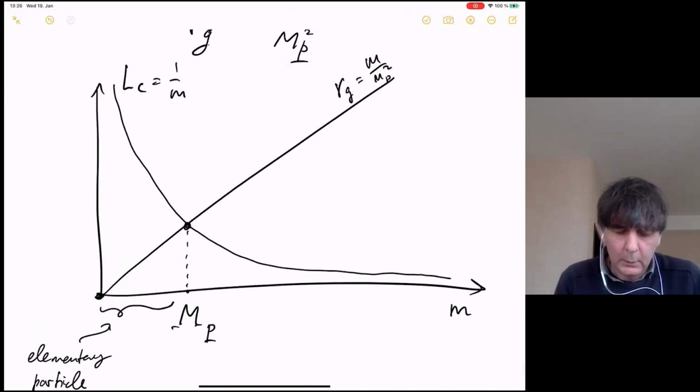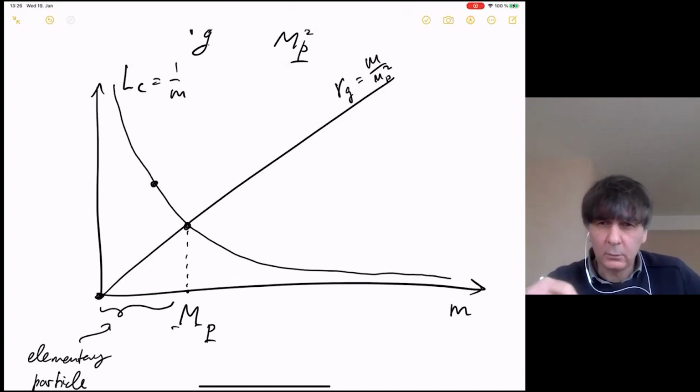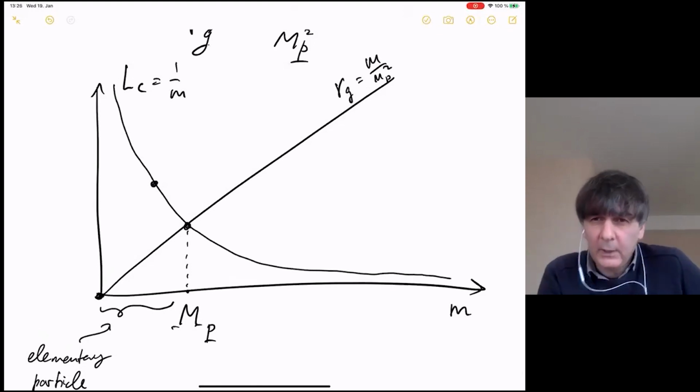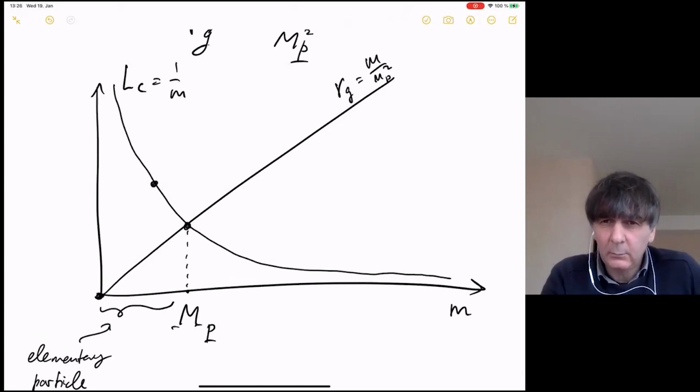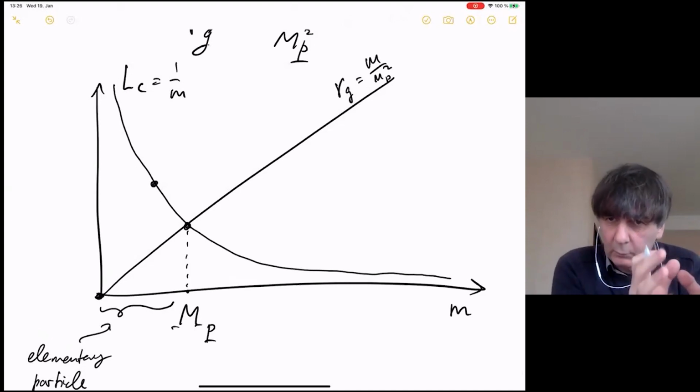The gravitational radius is irrelevant because the Compton wavelength is the dominant radius for this type of particles. The gravitational radius is fictitious. You can formally define the gravitational radius of an electron, but that's not a real scale as far as the structure of the electron is concerned.